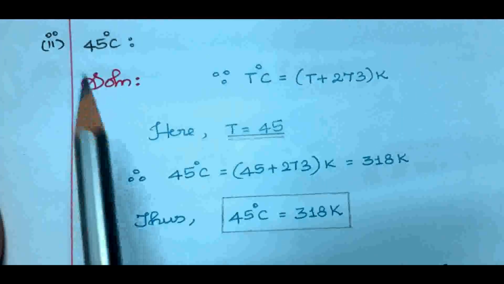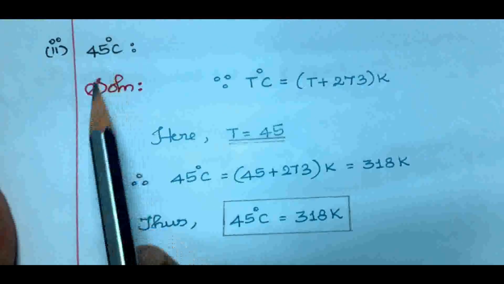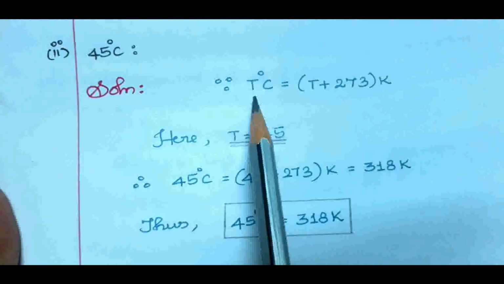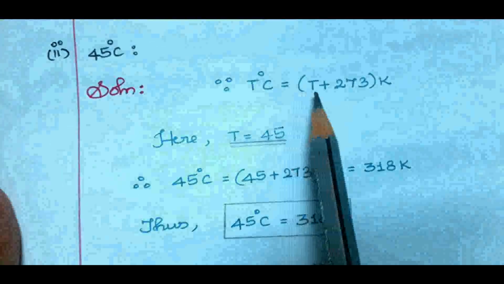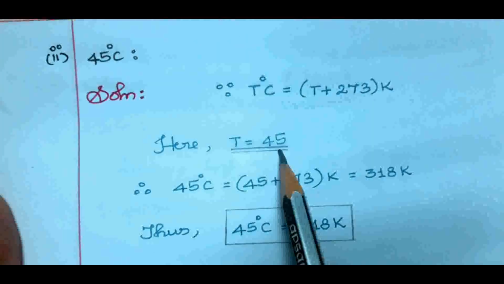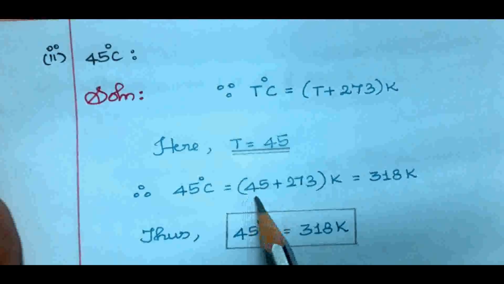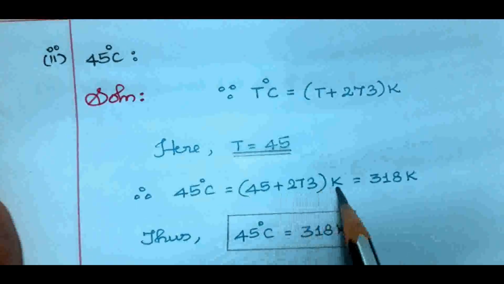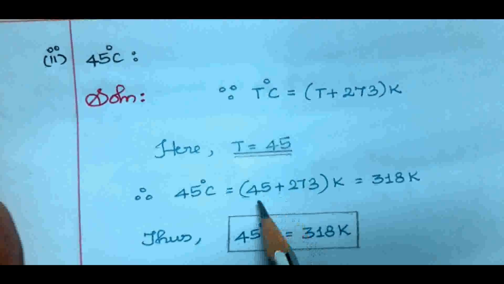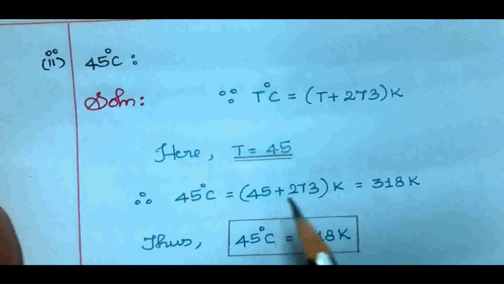Third question, second subdivision, 45 degrees Celsius. Clear? As they gave in the question, T degree Celsius is equal to T plus 273 Kelvin. Here T is nothing but 45. So 45 degrees Celsius is equal to, instead of T we write 45 plus 273 Kelvin. Both the signs are equal, so we have to add. 273 plus 45.